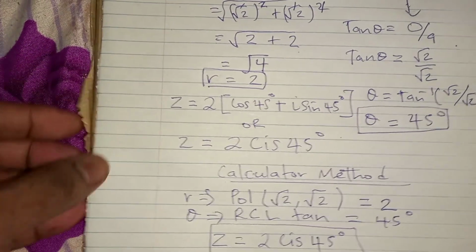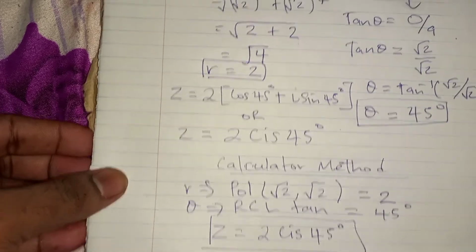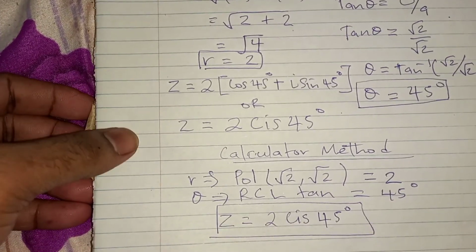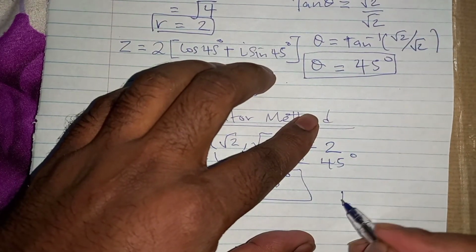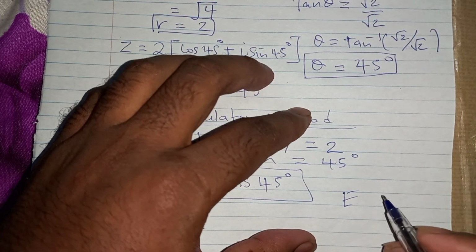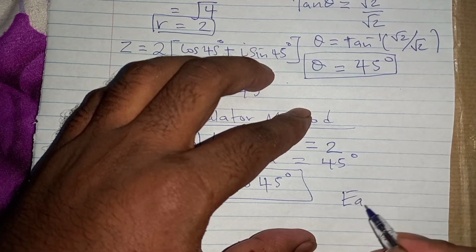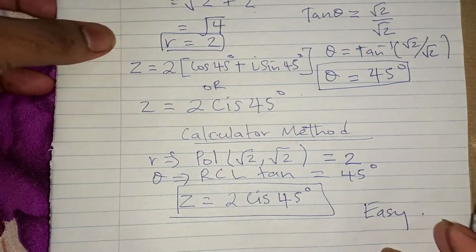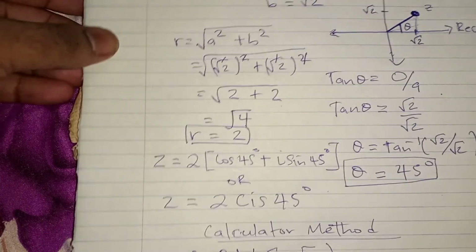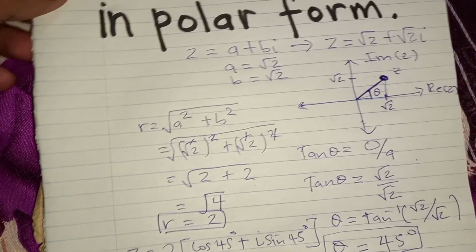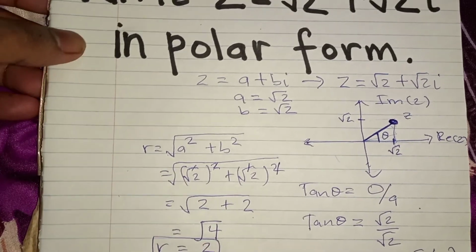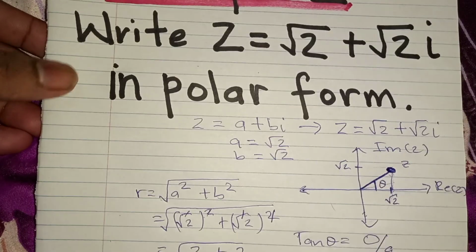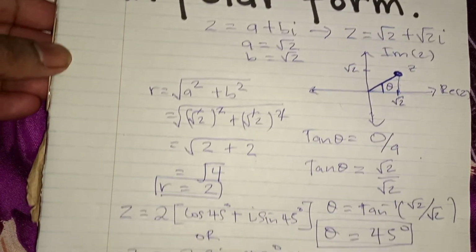We have learned both approaches here. This is the calculator method, which is the easier approach, and this is the calculation method. So it's always good to know both methods and write in polar form.